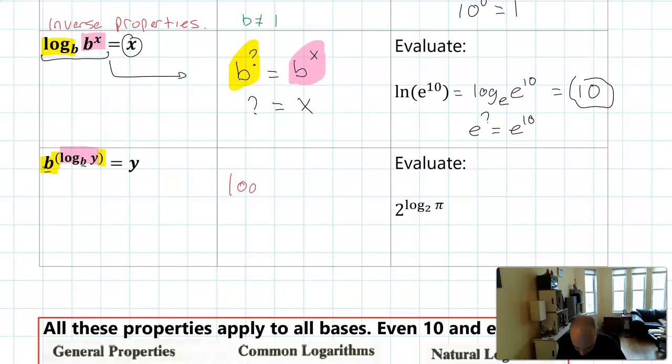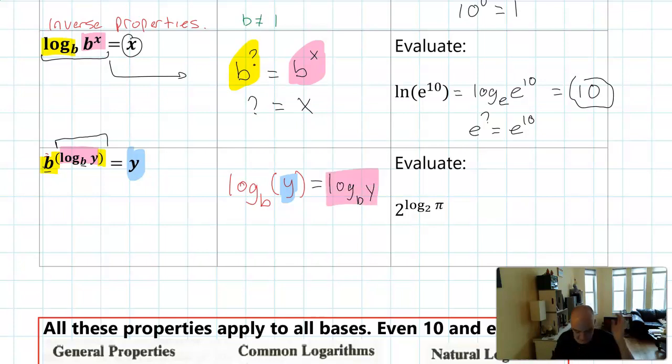So I'm turning this into log base b, that's the b from the base, of y, that's this y over here, because I had an exponential statement and I'm turning it into the log, is equal to whatever the exponent was. Well, the exponent was also log base b of y.